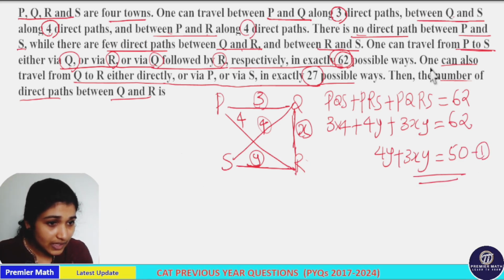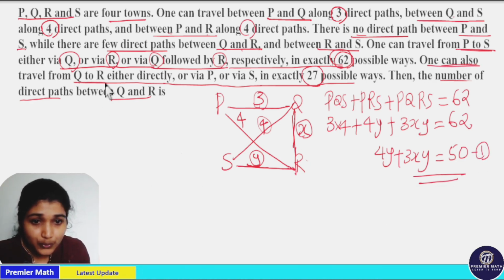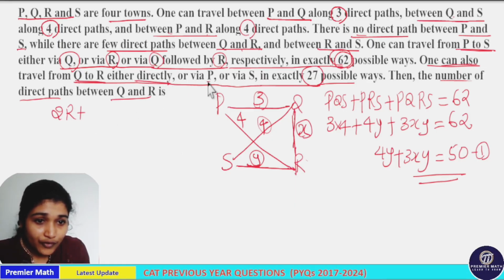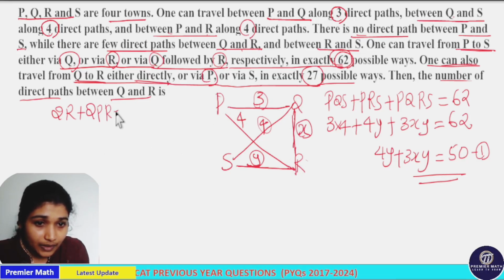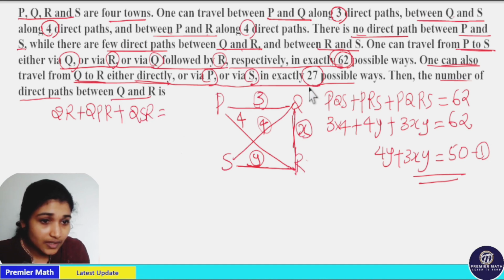Now, from the second condition, one can also travel from Q to R. Q to R: total X direct ways. Q to R either directly, directly means QR, plus or via P, so Q to R via P means QPR, or via S, which means Q to R via S means QSR. This is exactly a total of 27 possible ways.